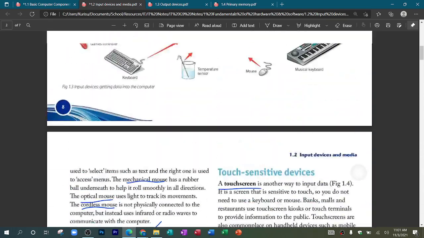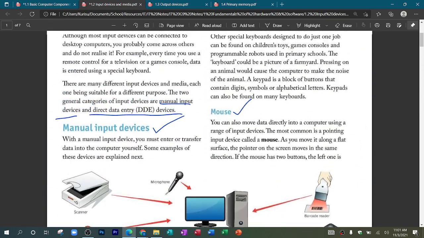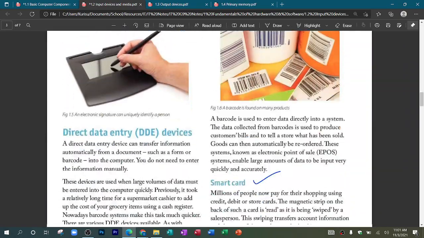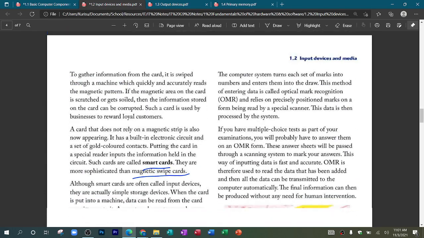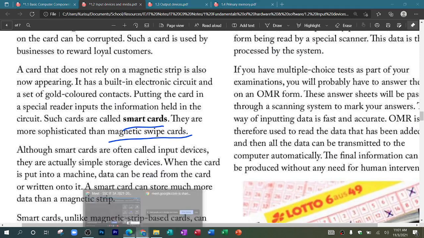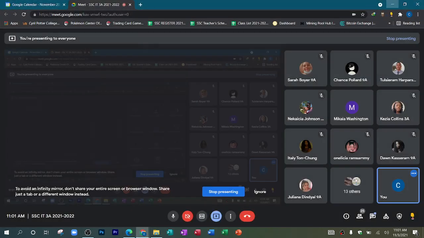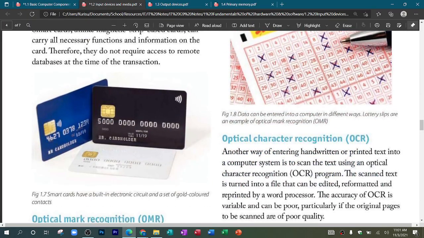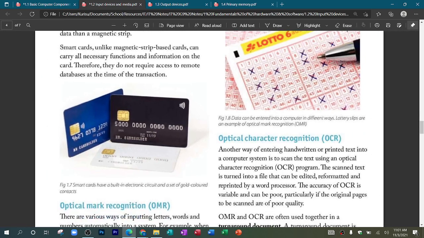So the same card that you would get for Bounty, DSL, the bank cards, they would have a magnetic black bar on it. Whereas the smart card would have a chip on it, something like your SIM card, like what you're seeing on the screen right now. They would use gold contacts to transfer the data.